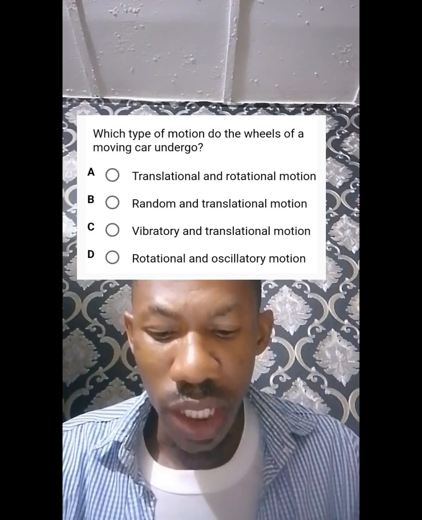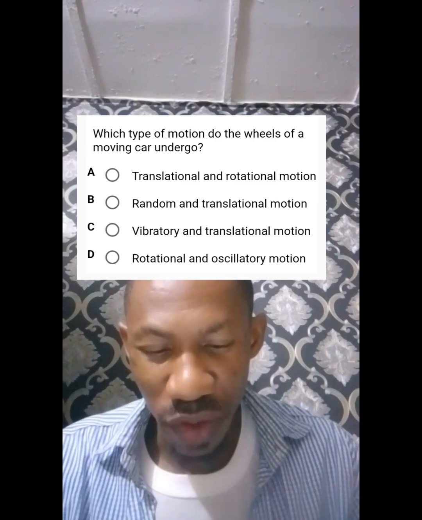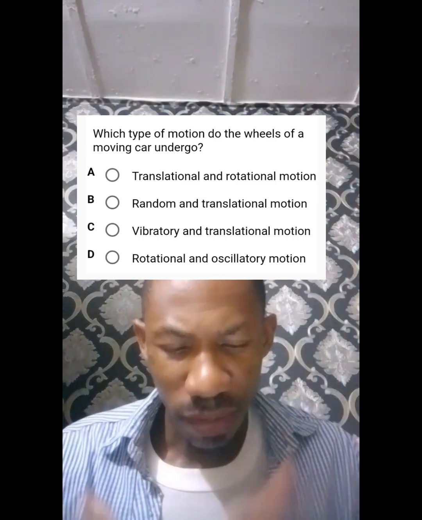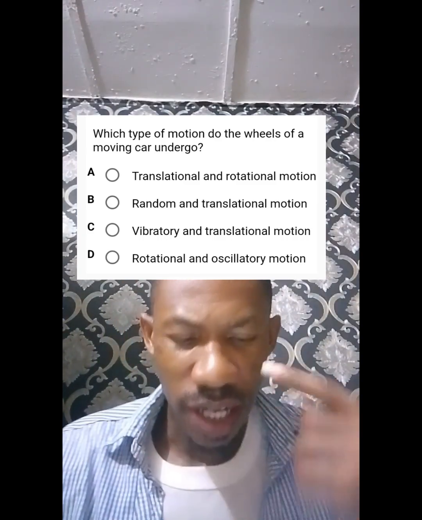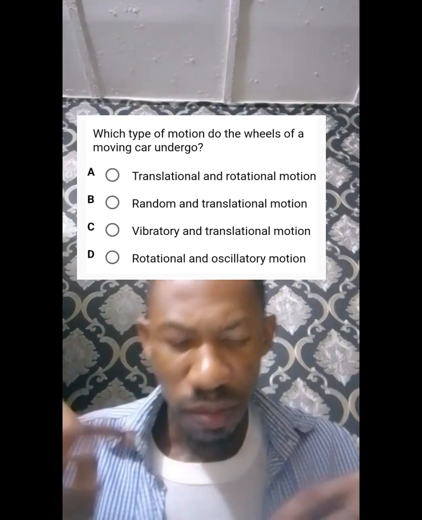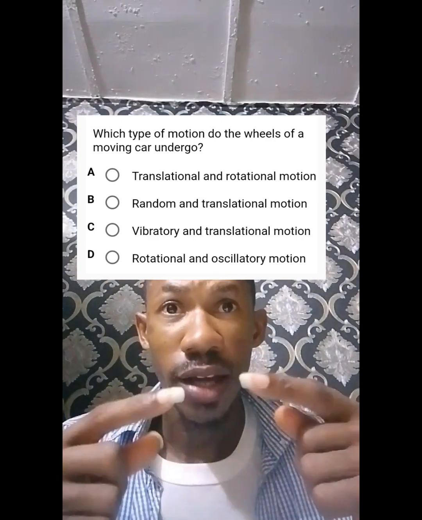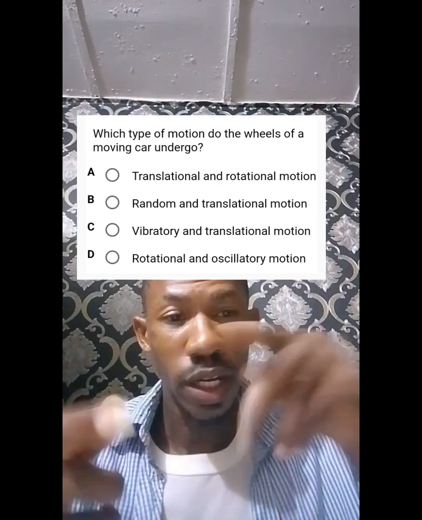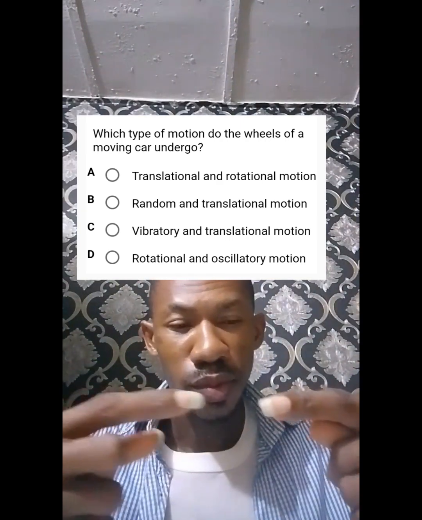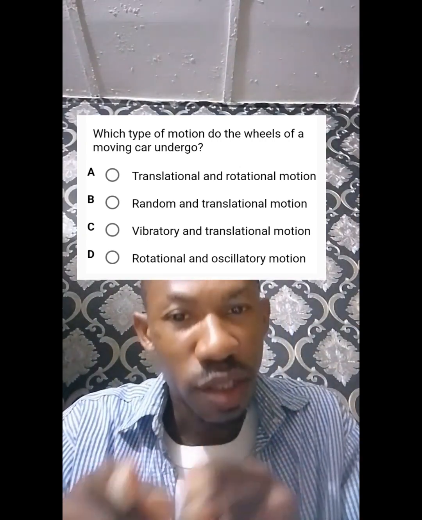Okay, settled. And then our last question says, which type of motion do the wheels of a moving car undergo? A, translational and rotational. B, random and translational. C, vibratory and translational. D, rotational and oscillatory. Let's look at them. When the car is moving from one point to another, the wheel is rotating and at the same time moving from one point to another.